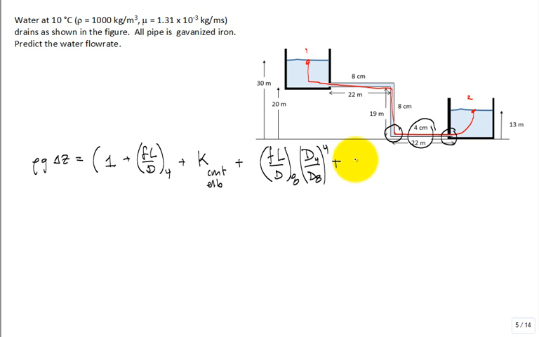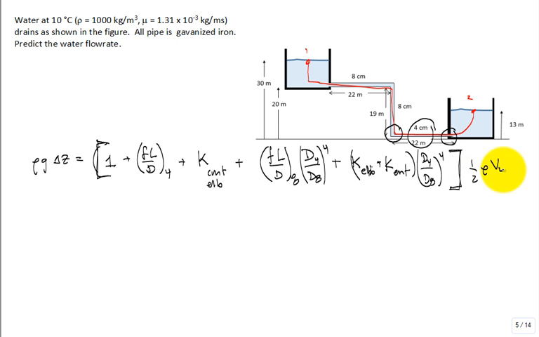Then we're going to have some K's for the elbows and the K for the entrance and the D4 over D8 to the fourth power. All of that is multiplying the velocity head 1/2 rho V4 squared. It'll take you a couple steps to get to that equation because we've done it before. Hopefully it's understandable. Yes, sir.